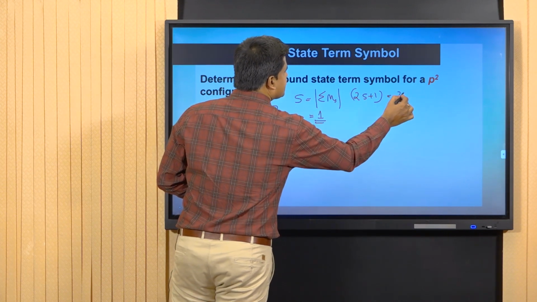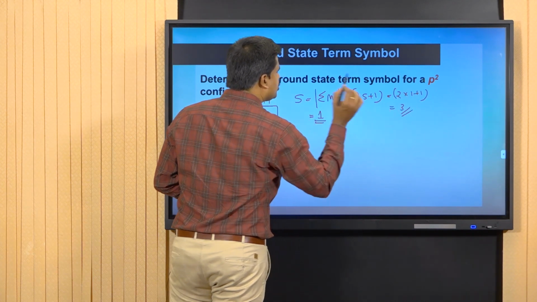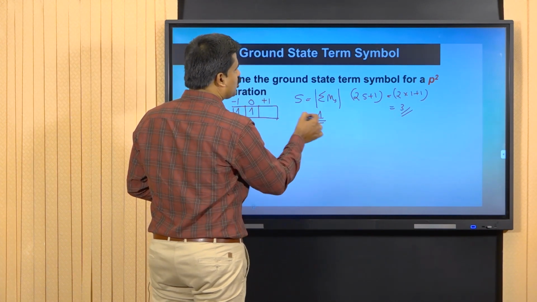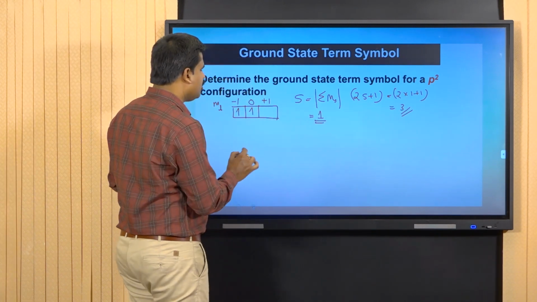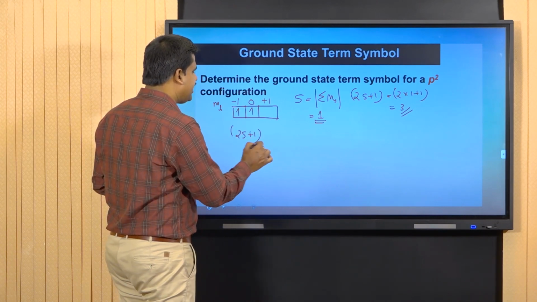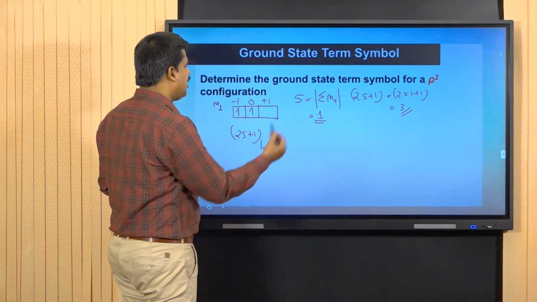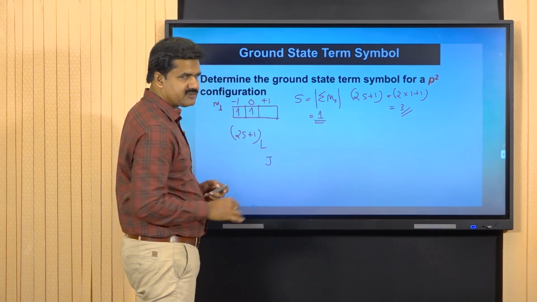Multiplicity 2S plus 1 is equal to 2 into 1 plus 1, that is equal to 3. So you got 2 parameters, the total spin quantum number and the spin multiplicity. In the term symbol 2S plus 1 LJ, 2S plus 1 is the multiplicity, which is equal to 3.